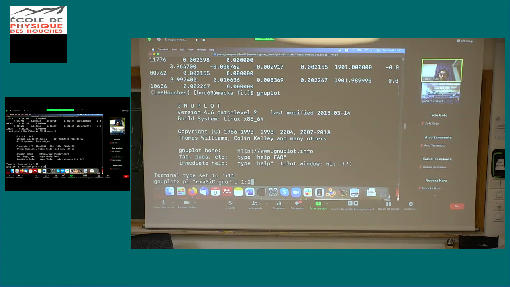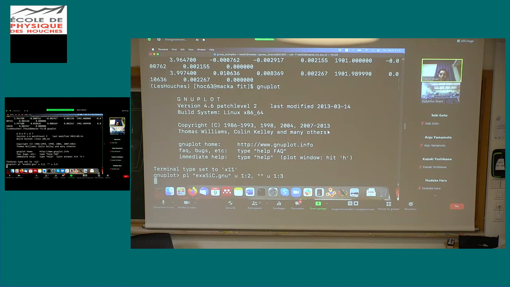So using 1, 2, and 1, 3. Okay, takes some time.